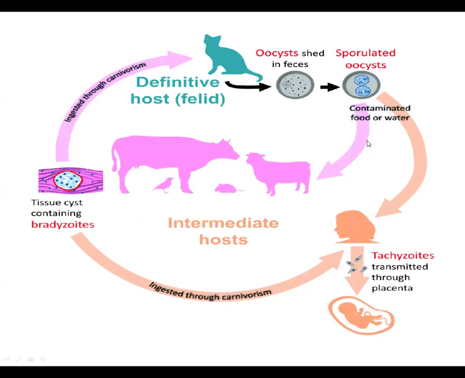Now they come into the environment and contaminate the food and water, or they may directly affect pregnant women by contact with the cat feces or any other accidental contact.